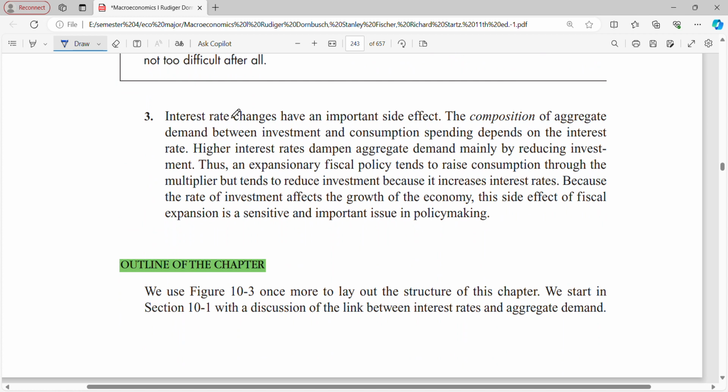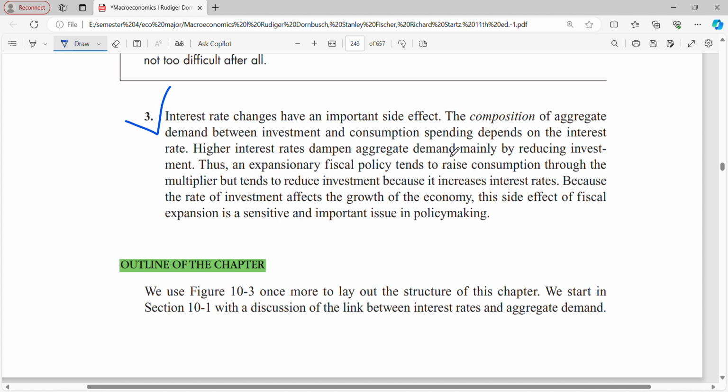Now third, interest rate changes have an important side effect. The composition of aggregate demand between investment and consumption spending depends on the interest rate. Okay, we have discussed it, right? Investment and consumption spending depend on the interest rate. Higher interest rates dampen aggregate demand.